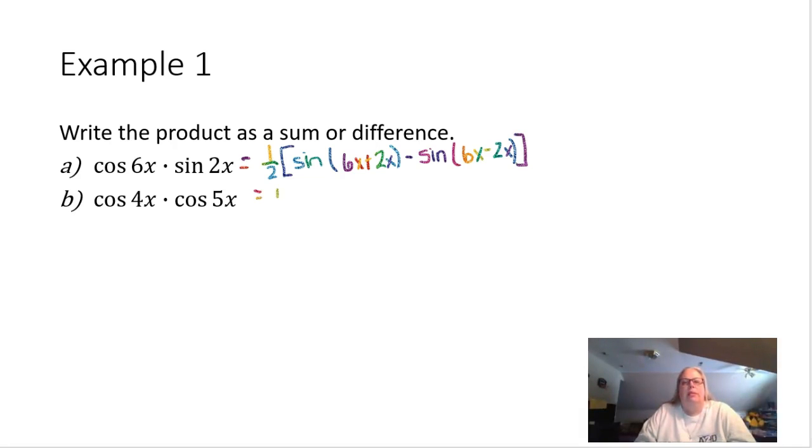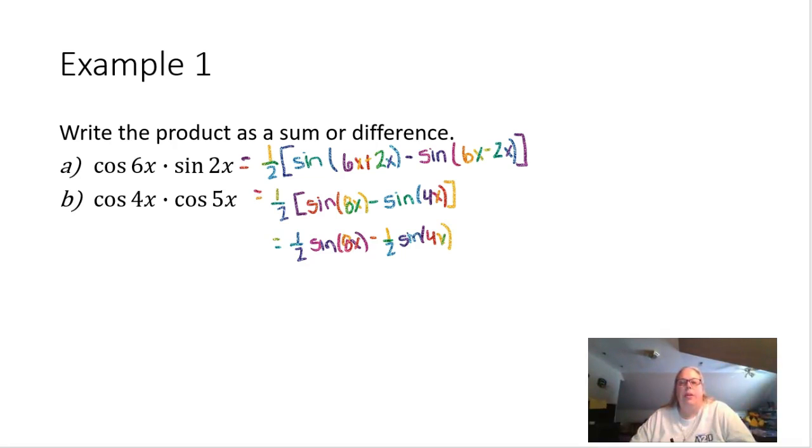This will give us half of the sine of 8x minus the sine of 4x, and then we can write this as 1/2 the sine of 8x minus 1/2 the sine of 4x.